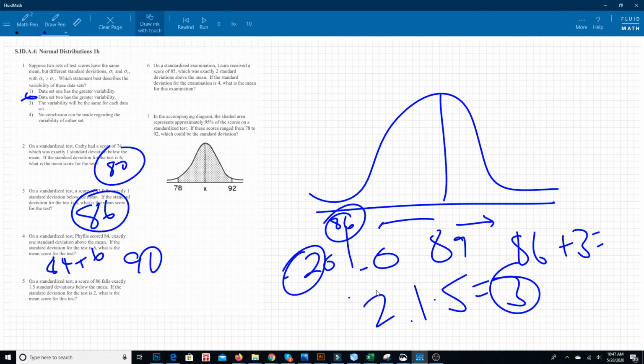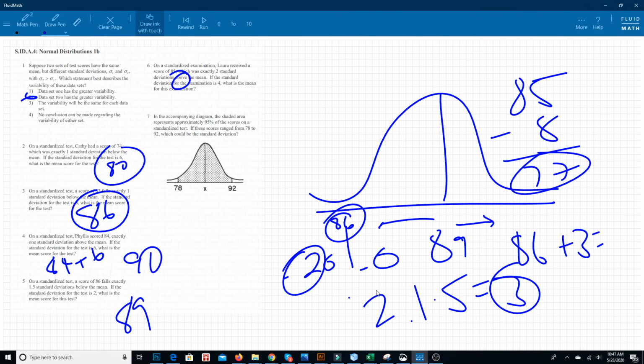So 85 minus 8 gives me 77. So this right here is 89, and this is going to be 85 minus 8 equals 77.